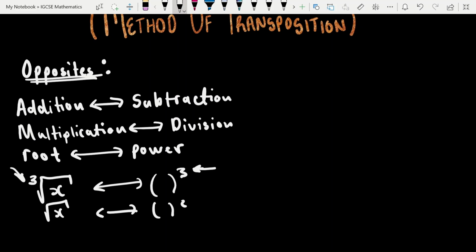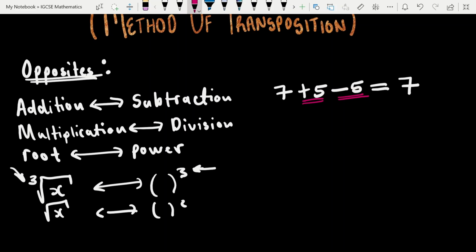So for example, if I have 7, then I say plus 5, then I say minus 5. What will I get as my answer? I will get 7 again. Do you know why? Because plus 5 and minus 5 are reversing or canceling one another.